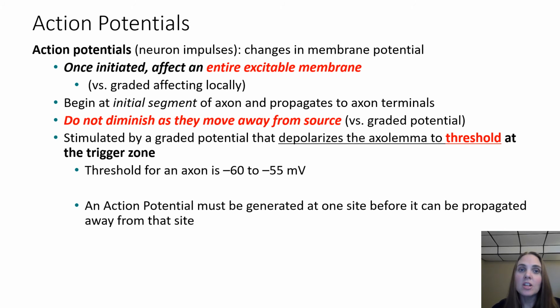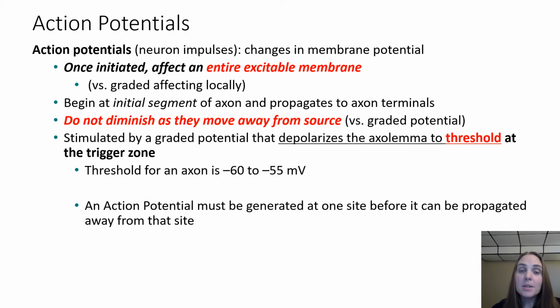And this action potential does not diminish as it moves away from the source. Remember, the graded potential, the further we got from the source, the less significant the effects on the membrane. So as we moved away from that source, the graded potential decreased.